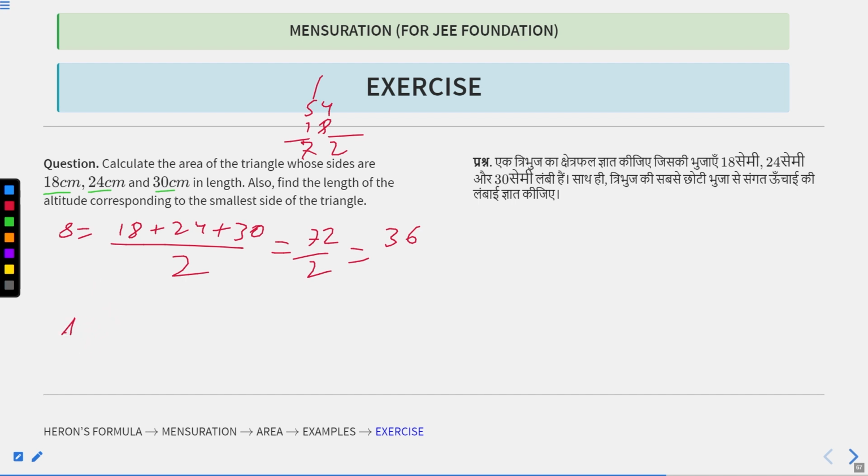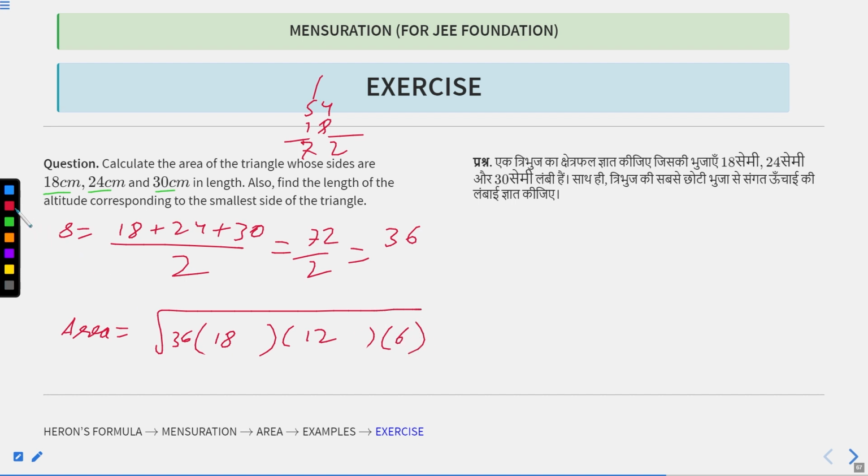Now using Heron's formula, area is the square root of 36 times (36 minus 18), which is 18. Now 36 minus 24 is 12, and 36 minus 30 is 6.